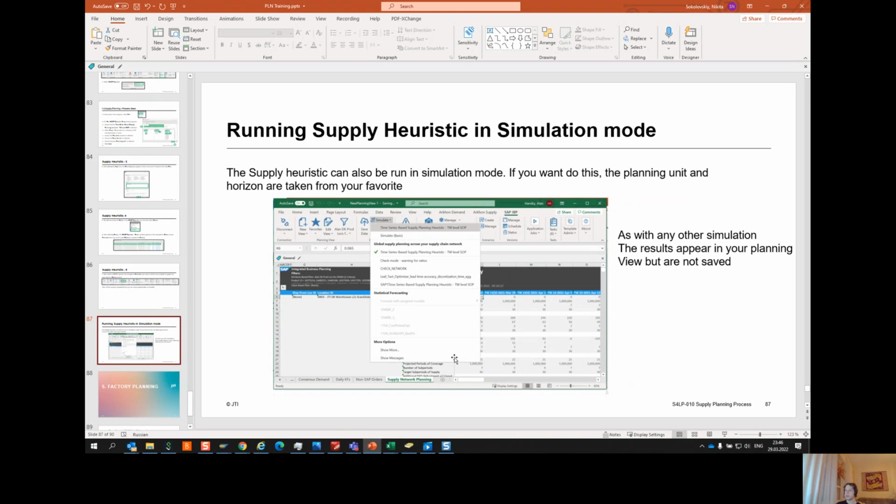And when they are satisfied with the result, they run the real heuristics, which changes the values, the plan in the system. So that's pretty much it.